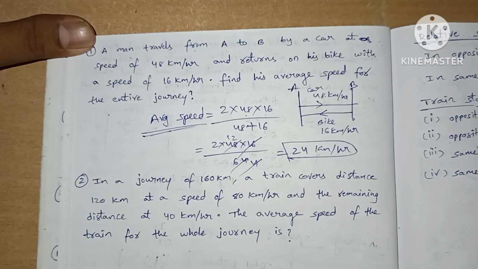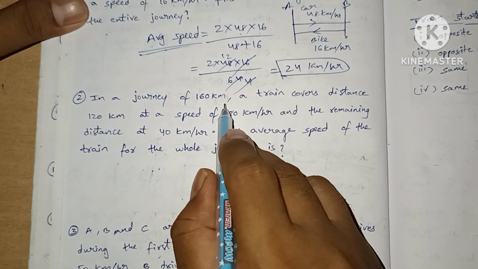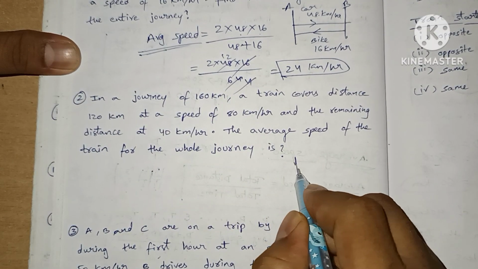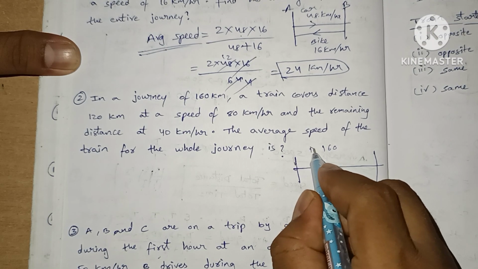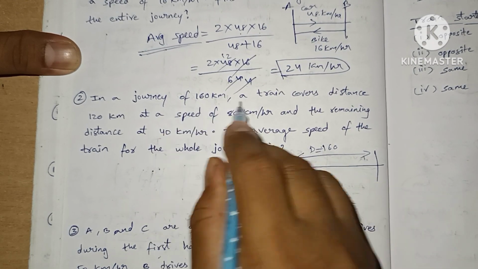Okay, let's see one more question. In a journey the total distance is 160 kilometers. The distance between these two stations is 160 kilometers.